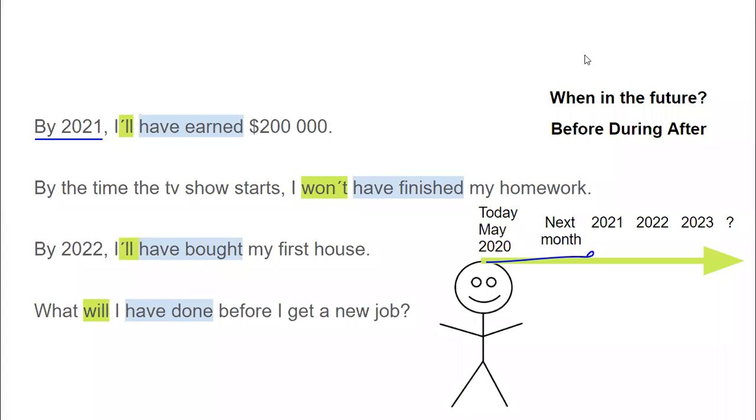In the next sentence, we have, by the time the TV show starts, I won't have finished my homework. So, by the time the TV show starts is our time expression. This action is happening when? Before, during, or after? That's what we have to guess.